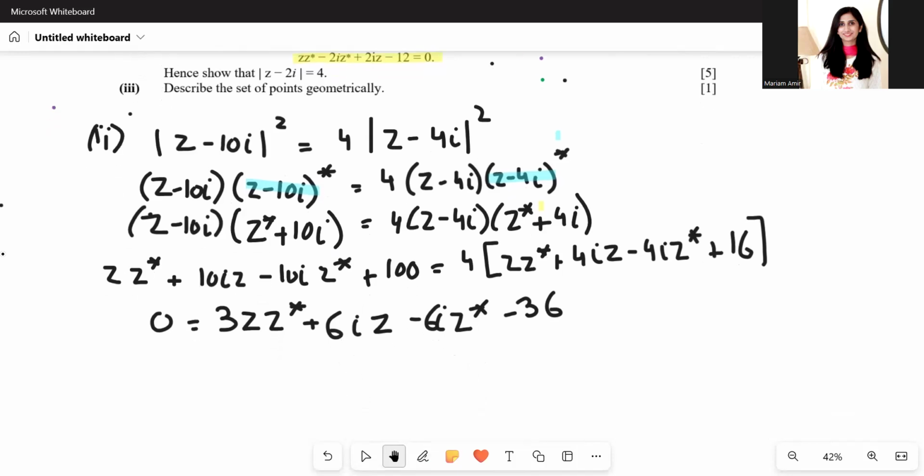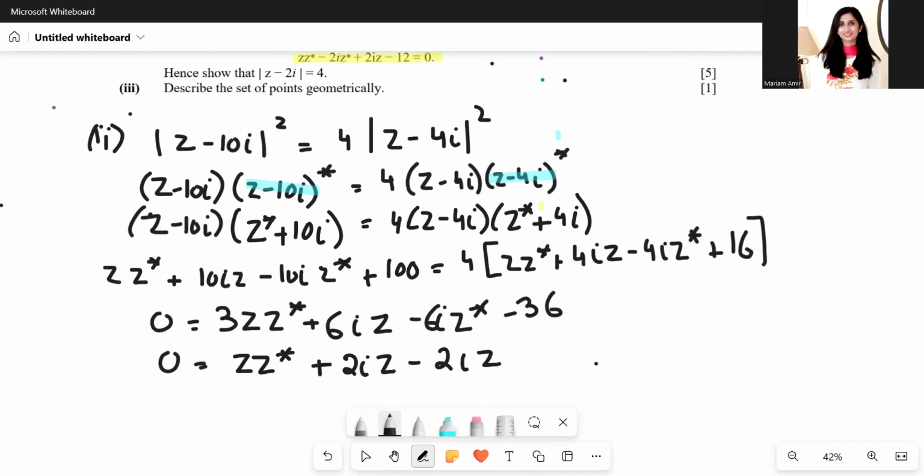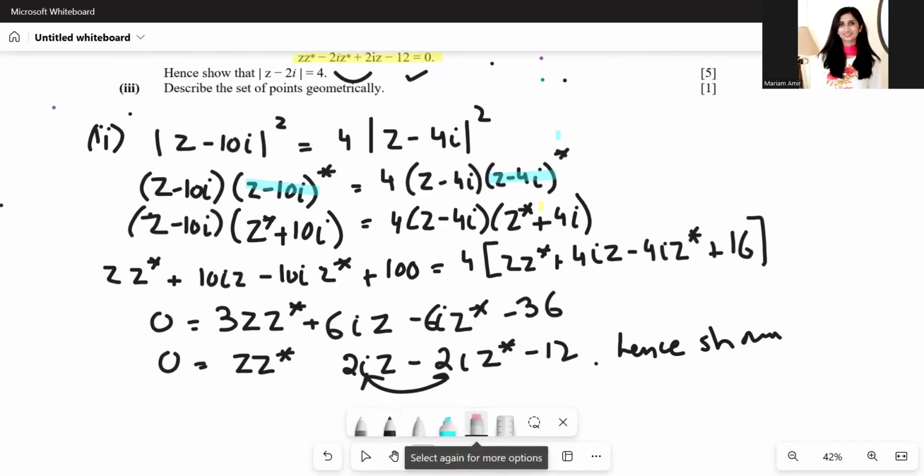Now we can divide both sides by 3, so we get 0 equals z z conjugate plus 2iz minus 2i z conjugate minus 12. So we have shown that we get this. I think it would be better if we swap the places of these two because that's how it is in the question. This becomes negative 2i z conjugate and this becomes plus 2iz. Okay, that's done.